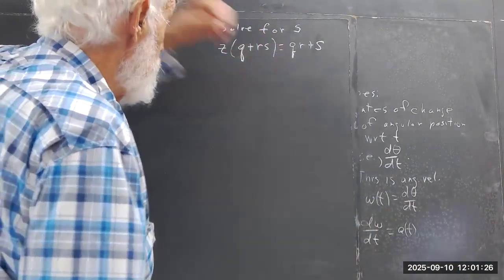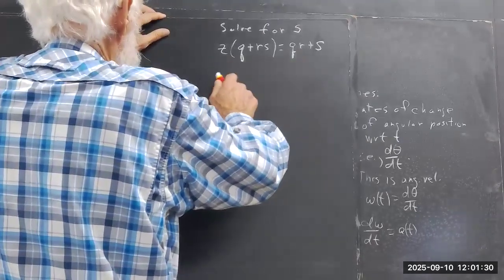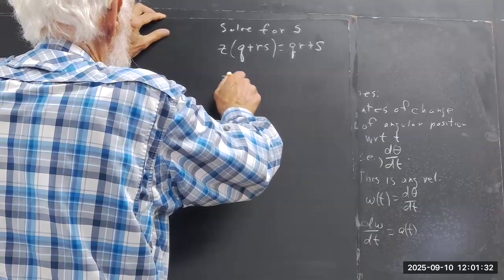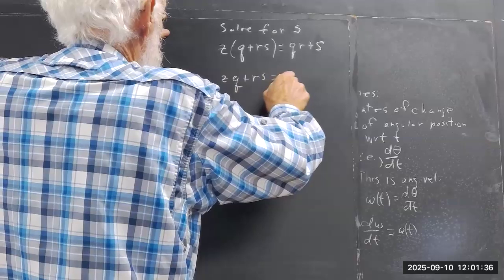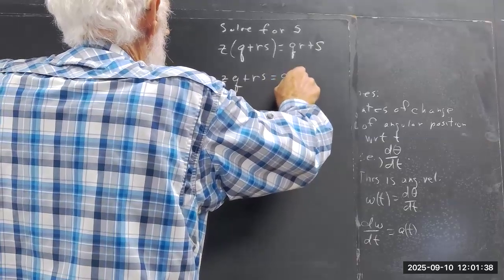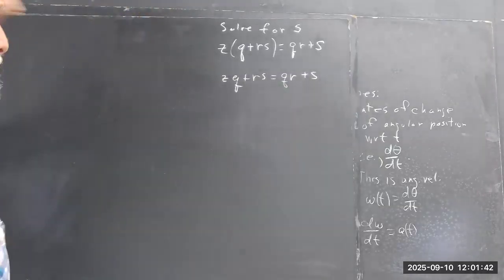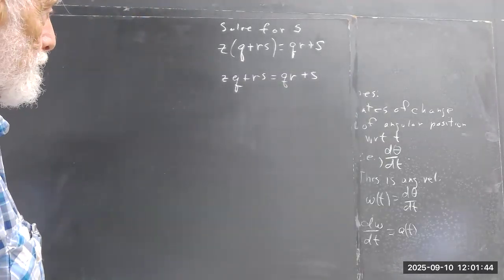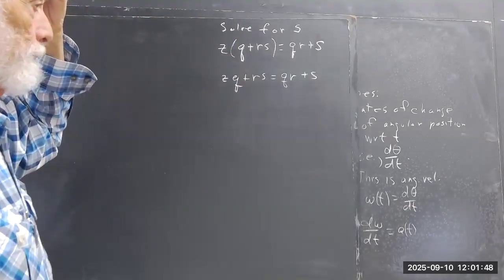Okay, here's our equation. Now, everybody, I think, correctly did apply the distributive law here. This is very good. We have ZQ plus RS equals QR plus S. Now, at this stage, people started doing a variety of things.